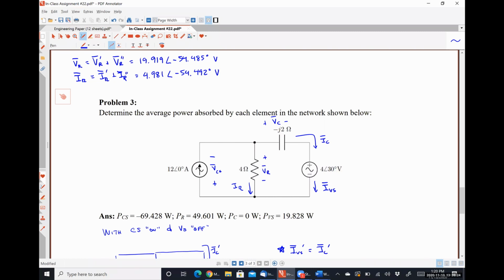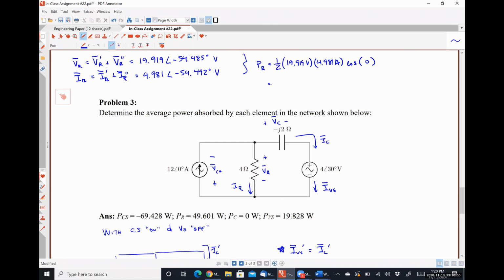So from this, the average power absorbed by the resistor is 1/2 the magnitude of the voltage, 19.919 volts, the magnitude of the current, 4.981 amps, times cosine of theta V minus theta I, which should be 0 for a resistor. So I'm just going to call it 0.